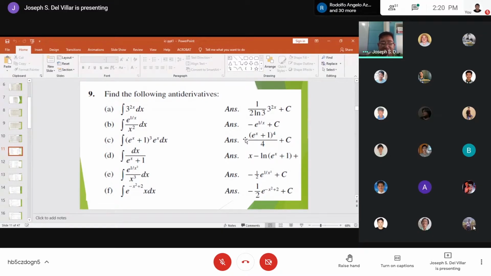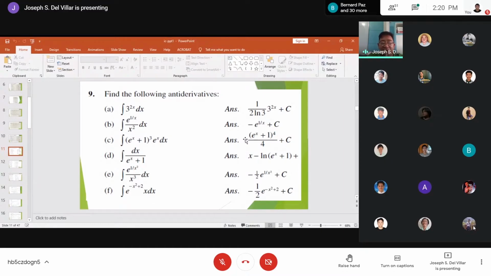Or that is negative 2 over x cubed dx. Pero meron lang tayo dito dx over x cubed. So wala tayong negative 2.